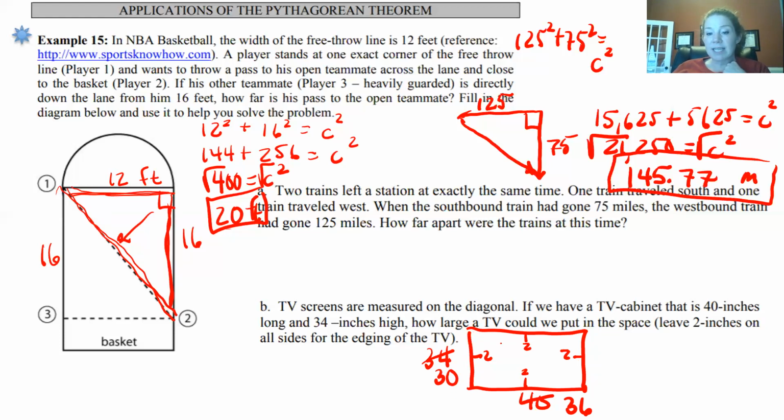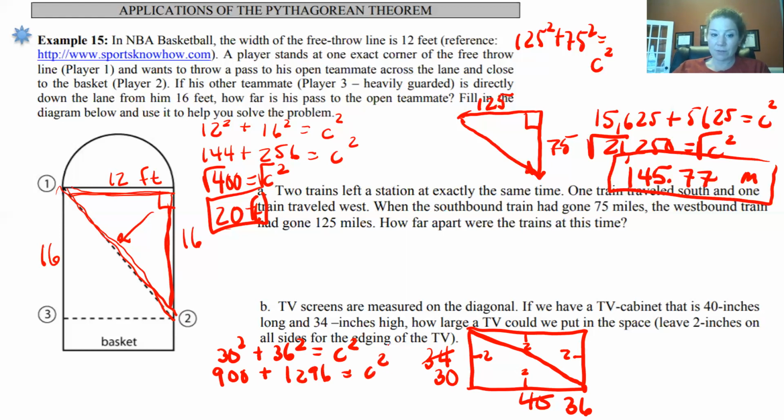And then we want to see how big we could get into this space right here, right? So we're going to use 30 and 36 as A and B. So 30 squared is 900. And 36 squared is 1,296.